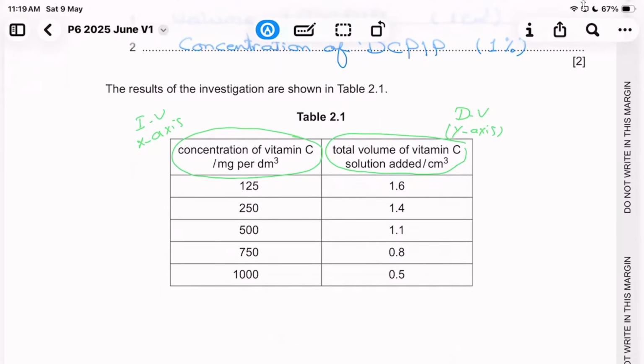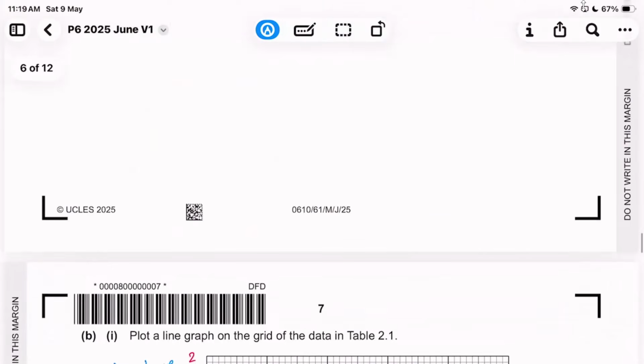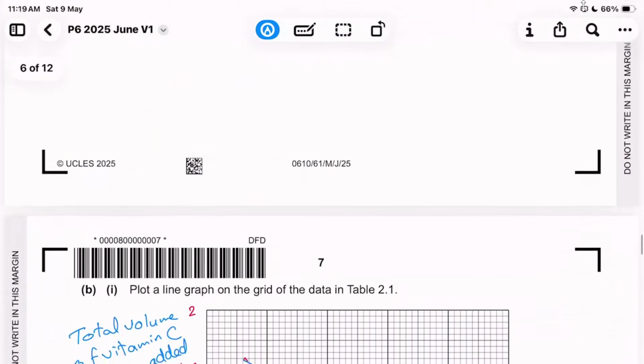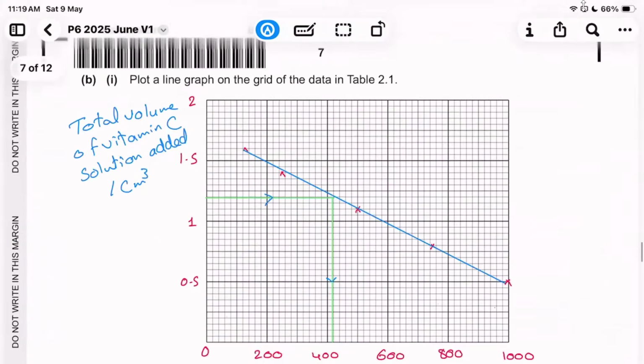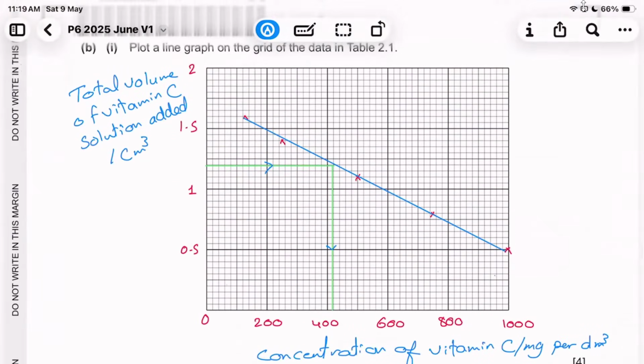After that, we have to learn how we can draw a line graph on the grid, on the data. When we draw any graph, the heading of the first column, which is the independent variable, is the label of the x-axis: concentration of vitamin C in milligram per decimeter cube.